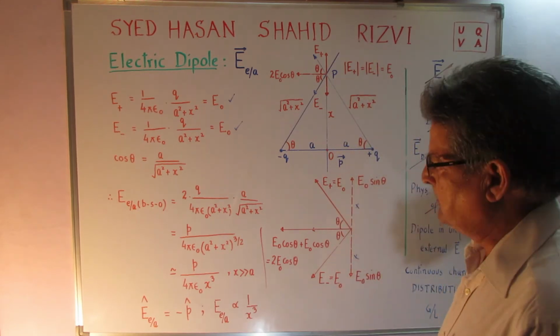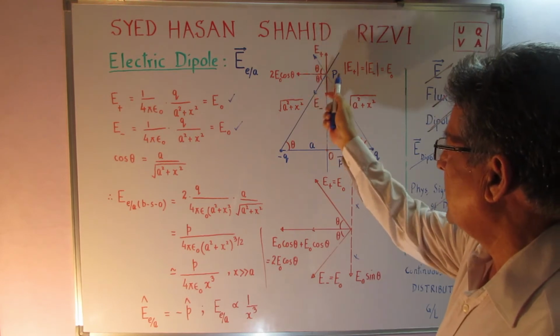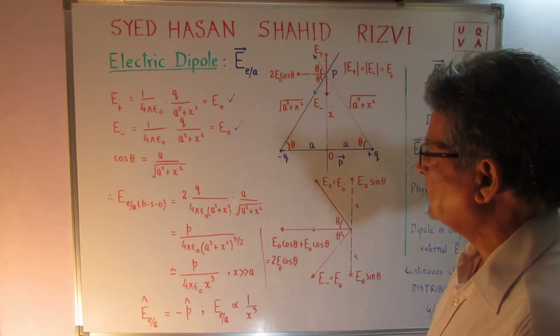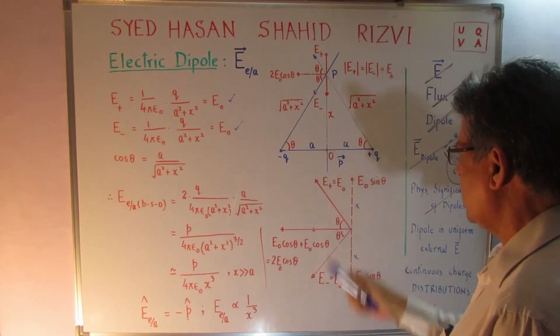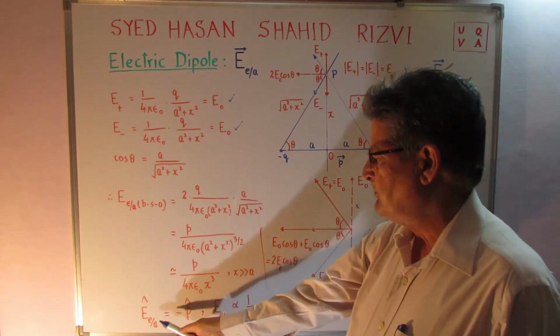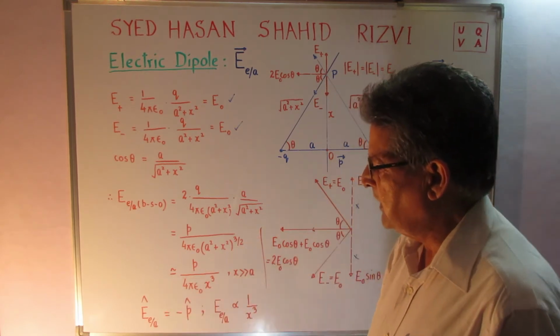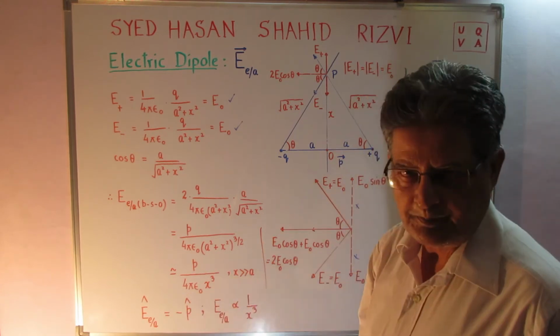In both cases, we will find that the net value will be right to left, whereas the p value is from left to right as per definition. So that's why I am writing that the unit vector of E equatorial axis is minus p cap.